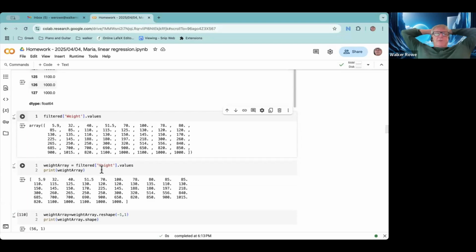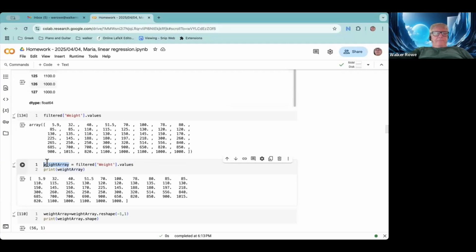But if you use the same names that are in the documentation and the examples, then you can copy code. You won't have to change anything, right? You have to remember here that weight array is really Y.